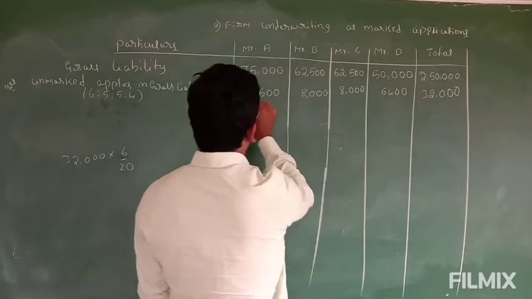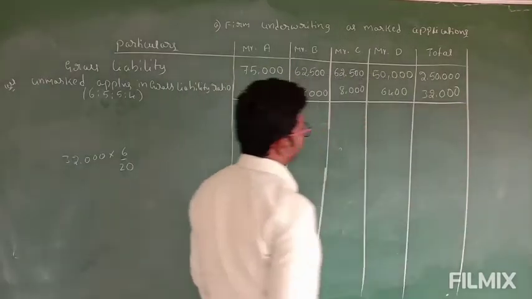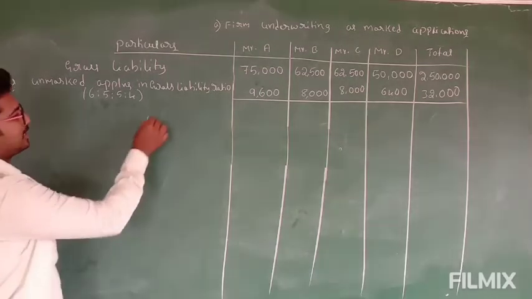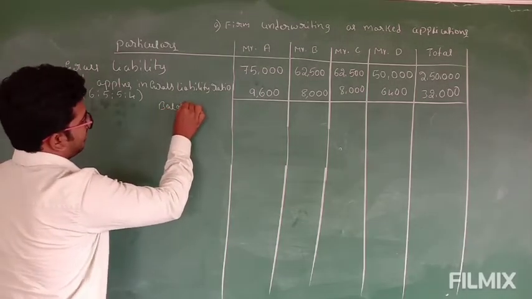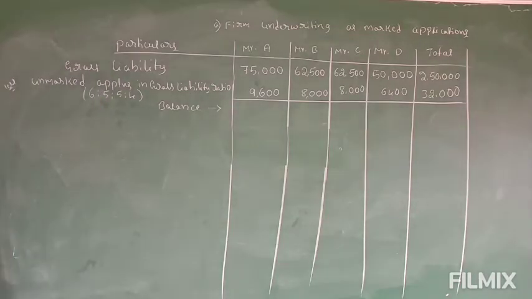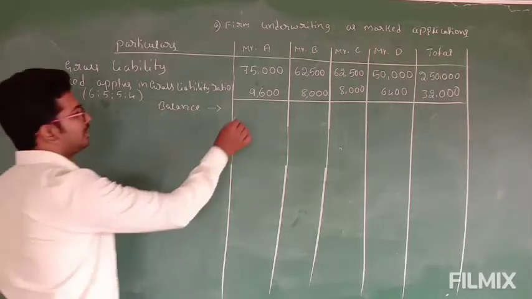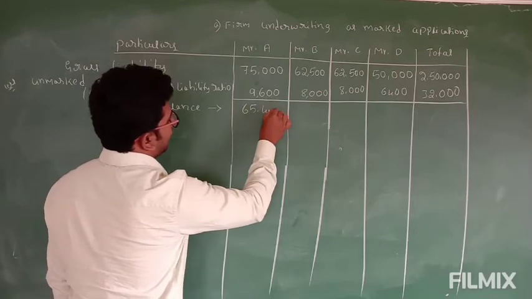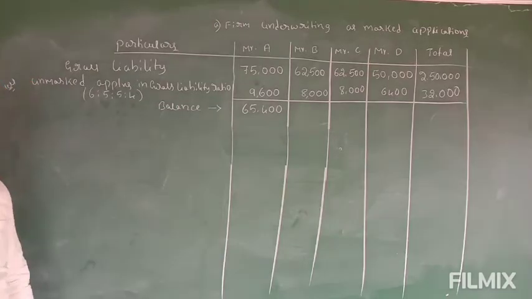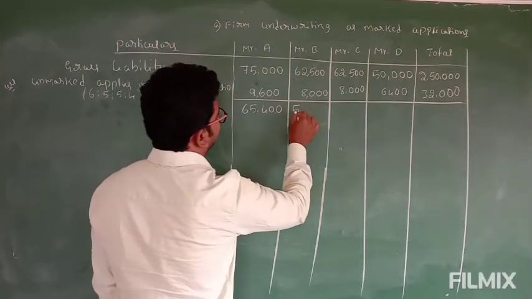So first is the distribution of unmarked applications in gross liability ratio. Next we will get the balance. So 75,000 minus 9,600 will get 65,400. Again here, 62,500 minus 8,000 will get 54,500.